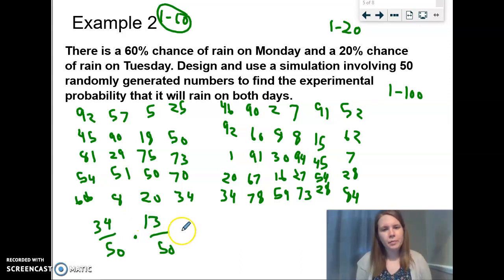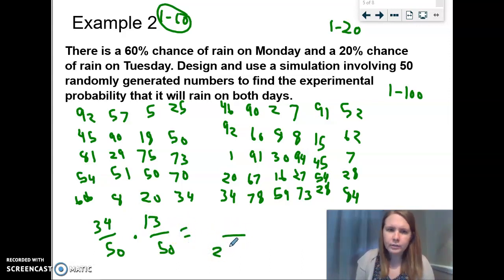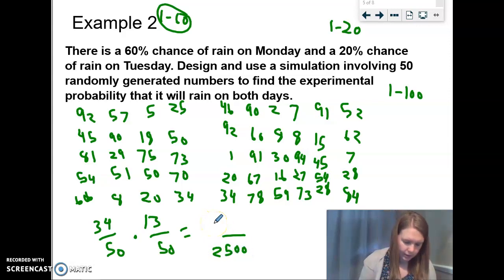Again, when we find our probability, we want to multiply these together. So at the bottom, I'd have 2,500. And then let's see, what is that going to be? 34 times 13. 442. We could definitely divide this by 2, maybe 4 even? Nah.